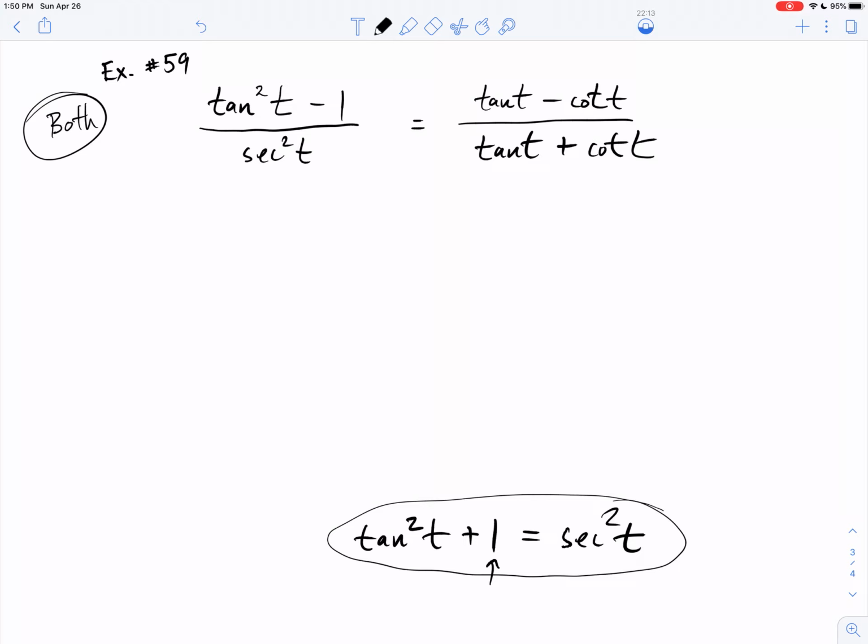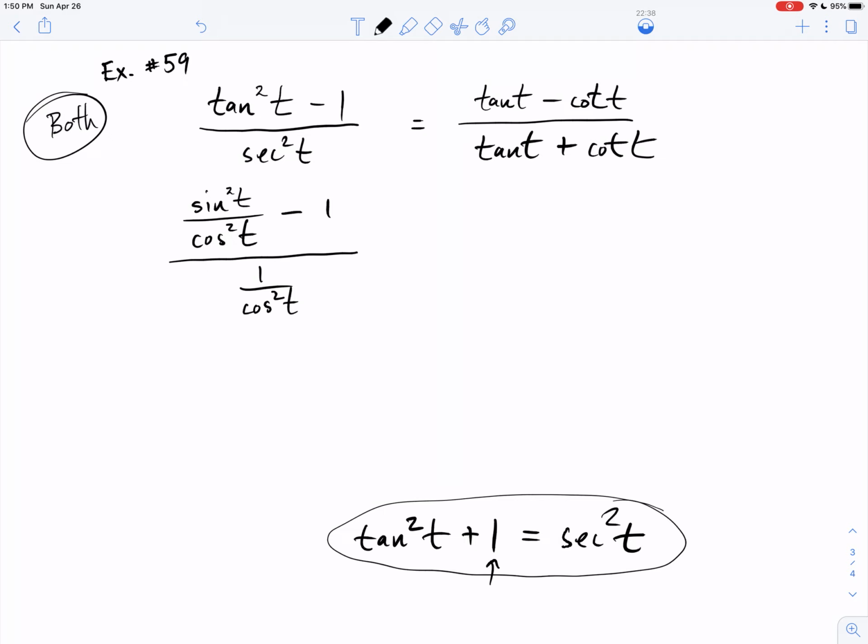If you want this to work out easy, here's what I'm going to do. I'm going to take the tangent squared t and call it sine squared t over cosine squared t minus 1. Then on the bottom, I'm going to take secant squared t and make that 1 over cosine squared t.